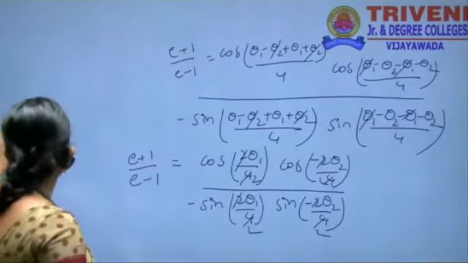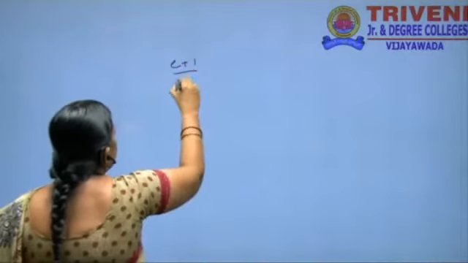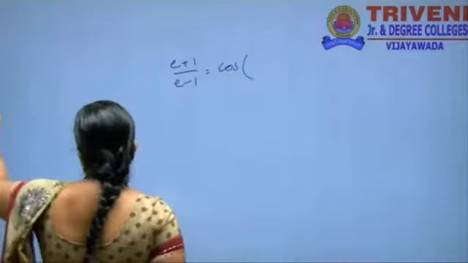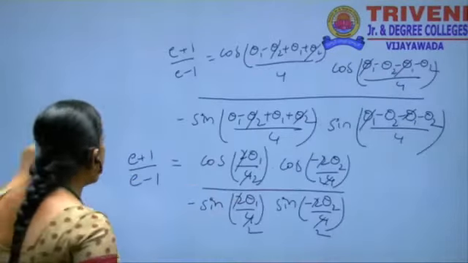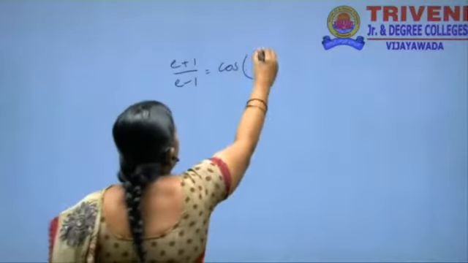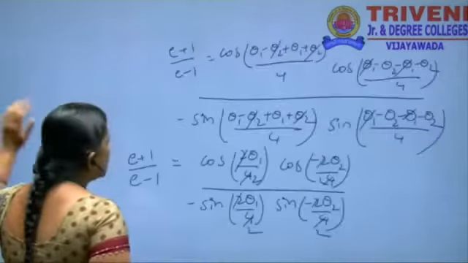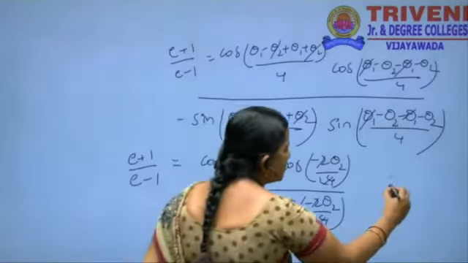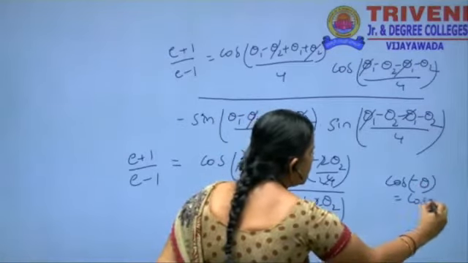And then (e plus 1) by (e minus 1) is equal to cos of theta 1 by 2 into cos of minus theta 2 by 2. In trigonometric values, we have to know that cos of minus theta is equal to cos theta.